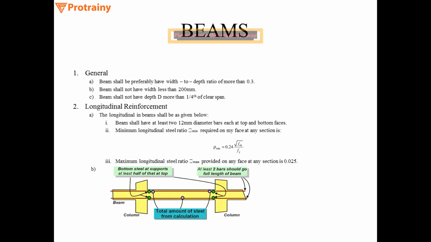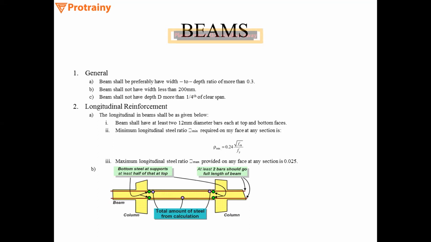Coming to the longitudinal reinforcement, the longitudinal reinforcement in a beam shall be as follows: the beam should have at least two bars of 12 mm diameter at the top and two at the bottom face. This is the minimum requirement of a beam.